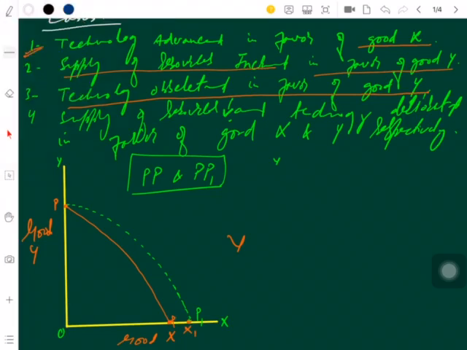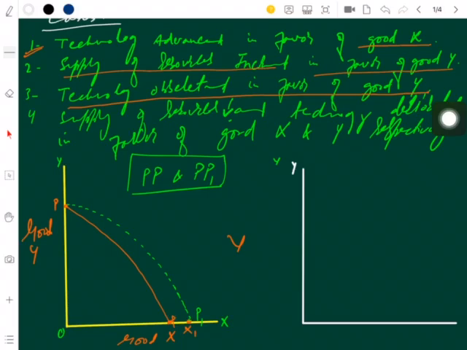This is the last and fourth case I am talking about. Okay, dear students, please keep in mind what I am doing. I'll name it y-axis, x-axis, origin. Okay, I'll draw a production possibility curve.